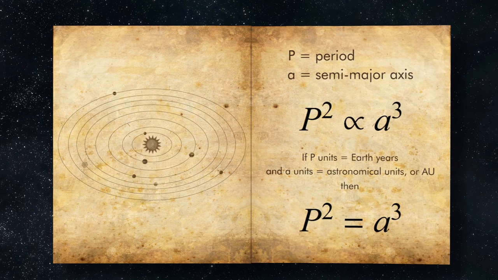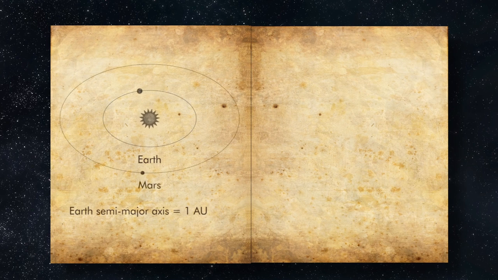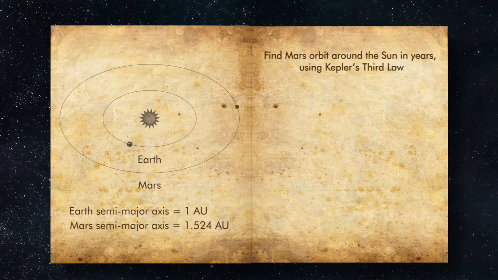Let's try it out. Earth's semi-major axis is 1 AU, because that's the definition of an astronomical unit. Mars is farther from the Sun. It has a semi-major axis of 1.524 AU. We can use Kepler's third law to figure out how long it takes Mars to complete one orbit around the Sun. That is, how many Earth years make up one Mars year.